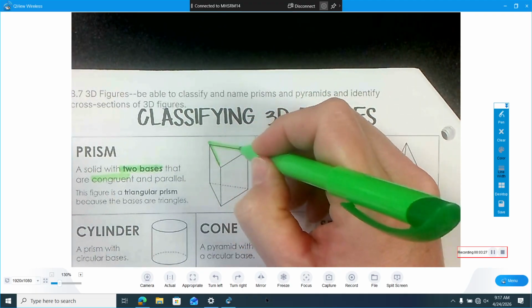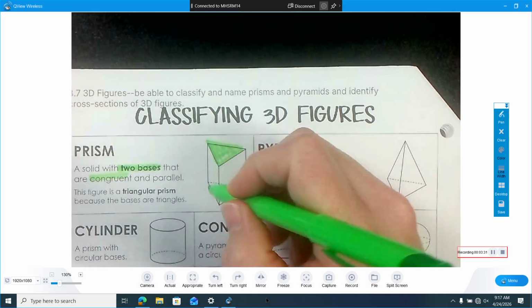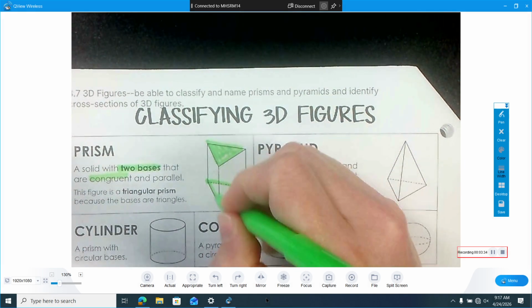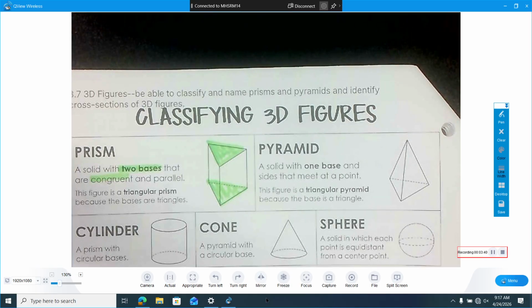In this picture, we see that we have a triangle on top and a triangle on bottom. So it has two congruent bases, and that's how we can really identify if it's a prism or a pyramid. When we look, we want to look for those two congruent bases.